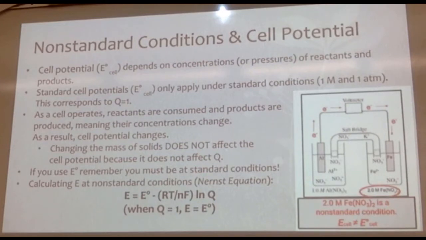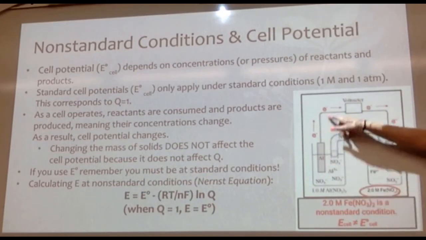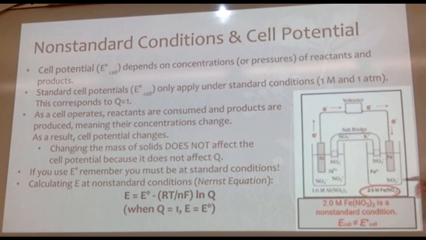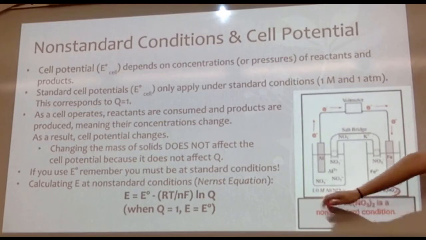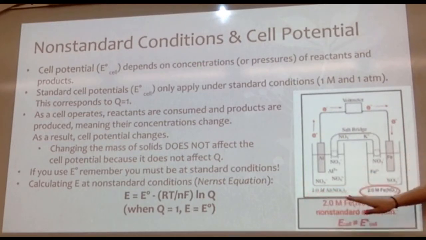I put this picture on here because here we have the same cell that we looked at yesterday with aluminum and iron. The electrons are flowing from the anode to the cathode. We have 1 molar aluminum nitrate and 2 molar iron(II) nitrate. 2 molar is not standard.